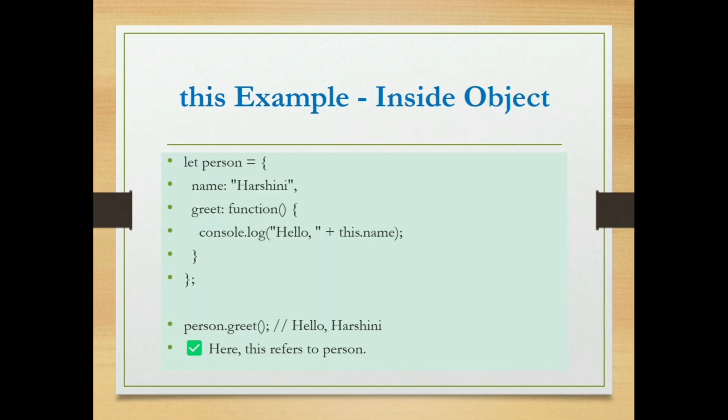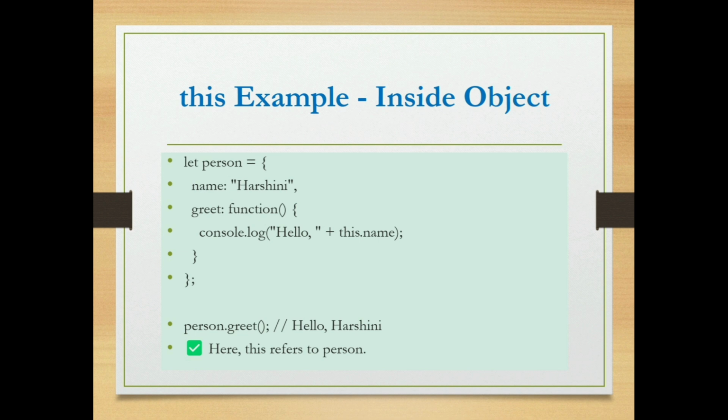Here I am taking an example for the this keyword inside an object, which means I am creating a method. Here I am taking a method named greet. Here I am taking a function. Inside the function I am printing hello, and inside the code I am also taking one name as Harshini.